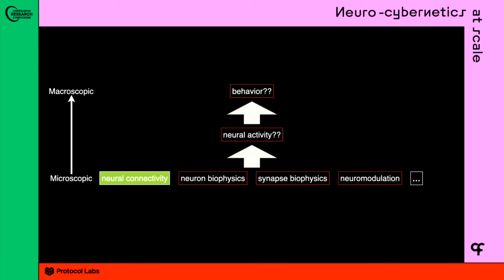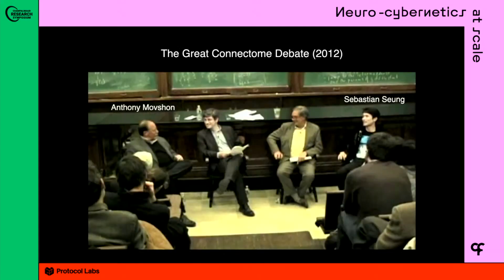And so because of this, when I was doing my PhD about 15, 20 years ago, there was a big debate about the utility of connectomes. Connectomes are going to be really expensive to get, take an enormous amount of work. Literally, people were debating whether or not we should do connectome projects.